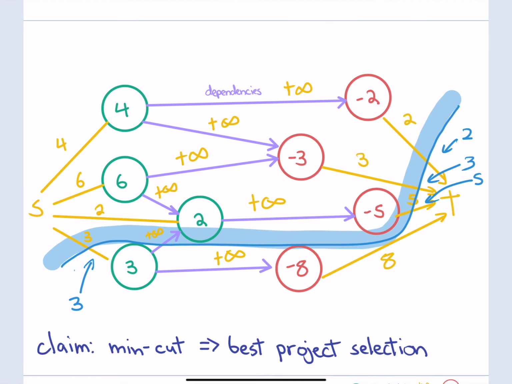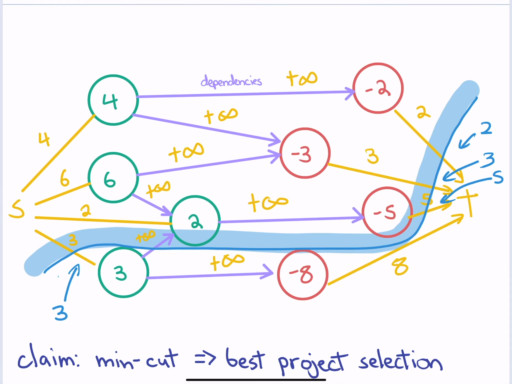Okay, so just to formalize this, I think now we see intuitively what's going on.